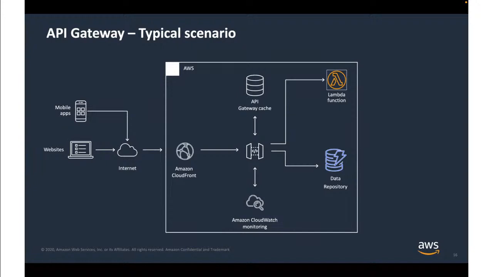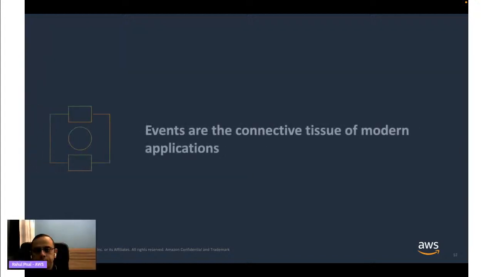Then you can integrate your API Gateway directly with Lambda functions. That is an out-of-the-box integration that is available for you, as well as with a NoSQL database like DynamoDB, you can make it a backend for your API Gateway to directly talk to DynamoDB to store certain records. So that kind of out-of-the-box integration will help you when it comes to the API Gateway.